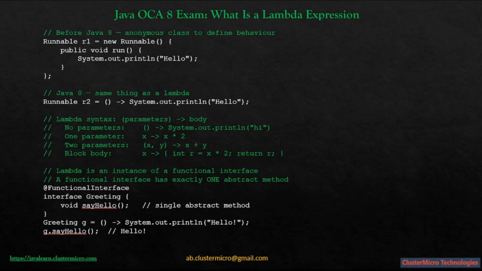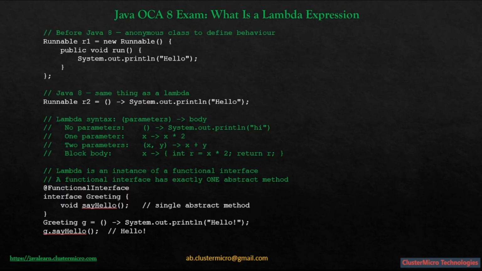Lambda syntax forms, we have to understand this. First, empty brackets, then the arrow, System.out.println hi: there is no parameter. Then x, arrow, x times 2: one parameter. Then (x, y), arrow, x plus y: two parameters. Then x, arrow, and within curly braces int r equals x times 2, then return r.